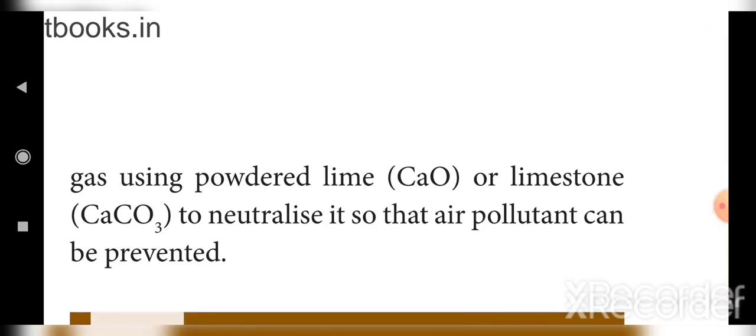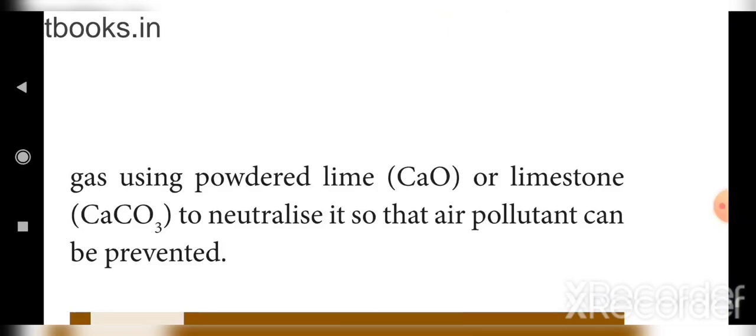Most of the time only calcium carbonate and calcium oxide are added for the sulfur dioxide. Calcium hydroxide neutralizes the sulfur dioxide and sulfuric acid.